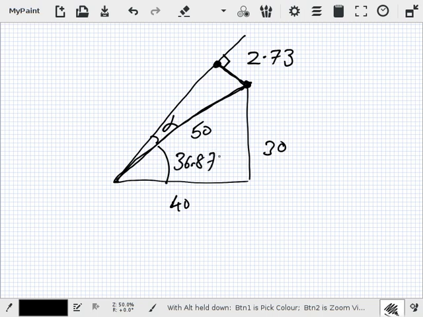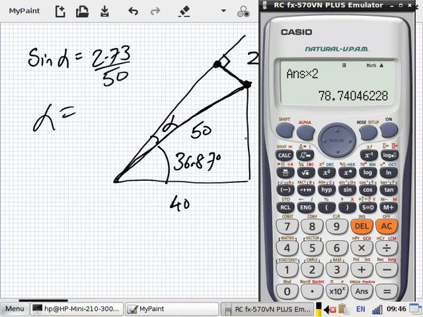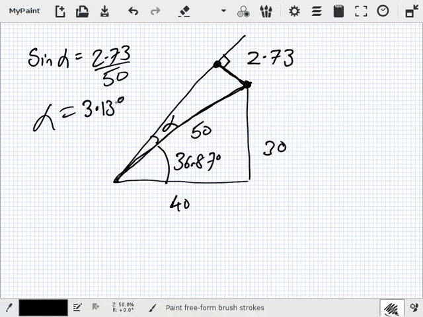36.8. Okay. So look, we can simply say sine alpha is 2.73 over 50. So alpha is sine inverse of that. So that is 3.13 degrees.